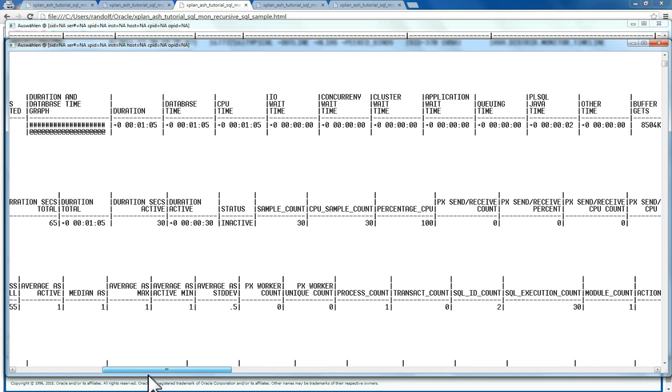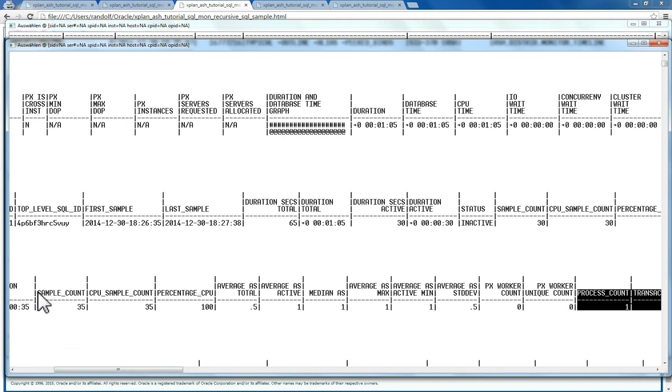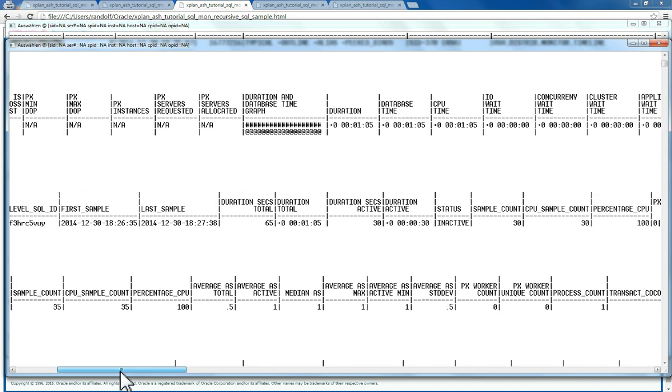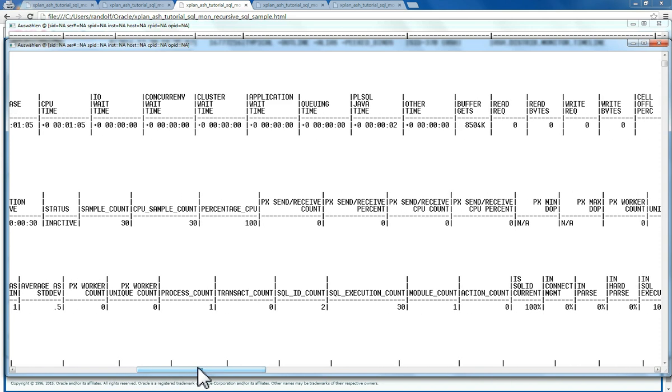In this particular case, within these 35 samples found for other SQL IDs, there was exactly one unique process identifier found, no transactions were found, 2 different SQL IDs, and 30 different SQL executions within these 35 samples, which of course doesn't necessarily mean that there were only 30 executions, but potentially millions of executions.